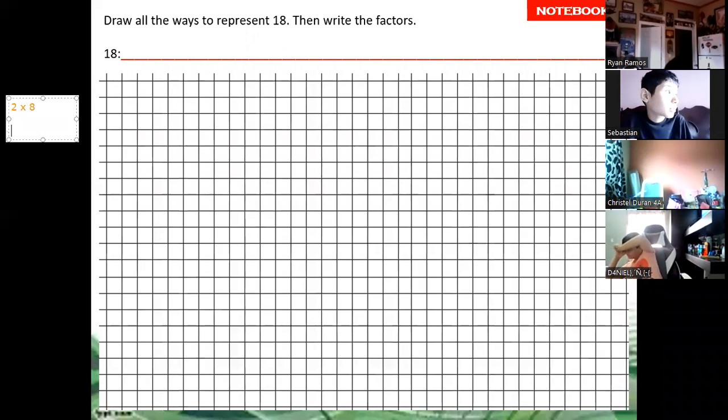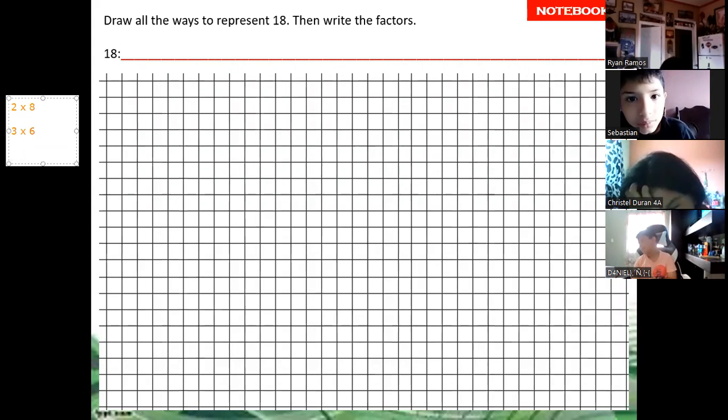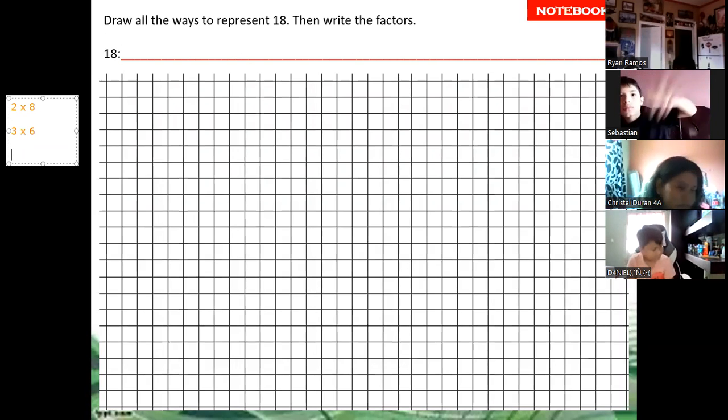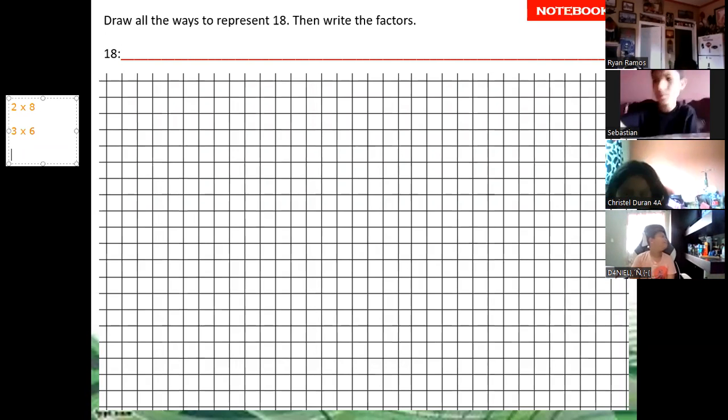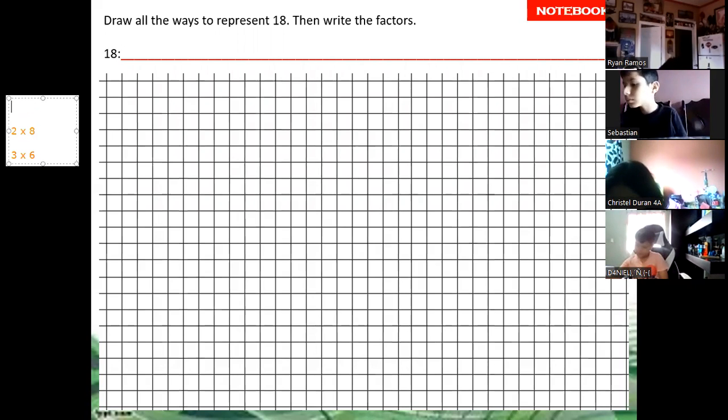Another one. 3 times 6. 3 times 6, 18. 9 times 2 is the same as 2 times 9, the same factors, just change the order. But we miss one. What number has 1 as a factor? 1 times 18. Exactly.